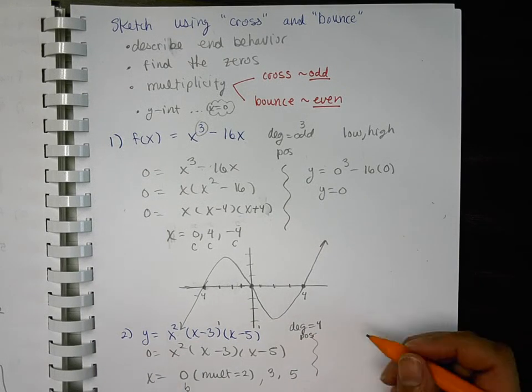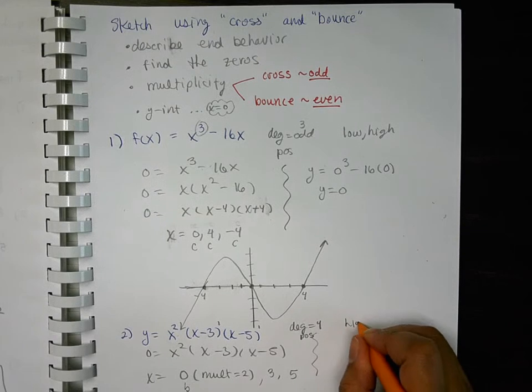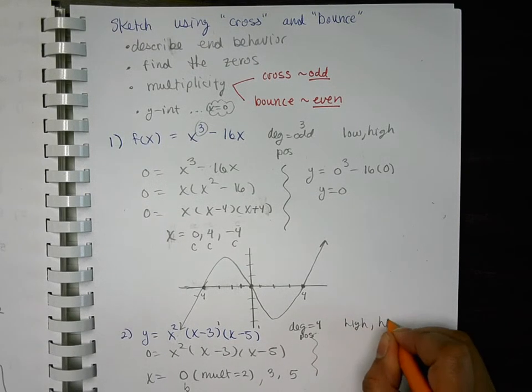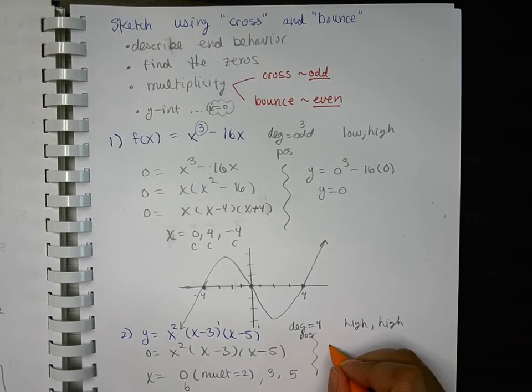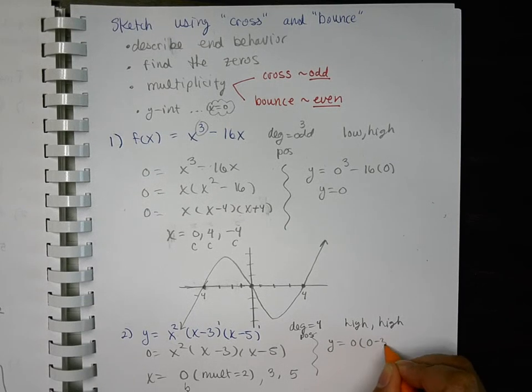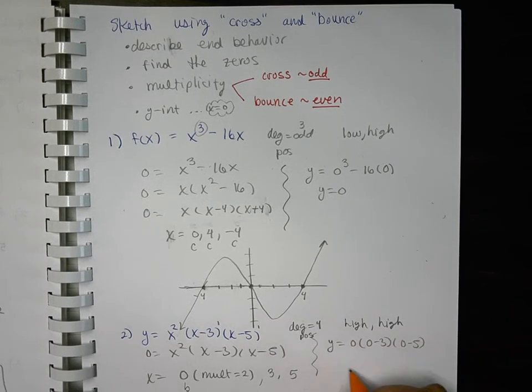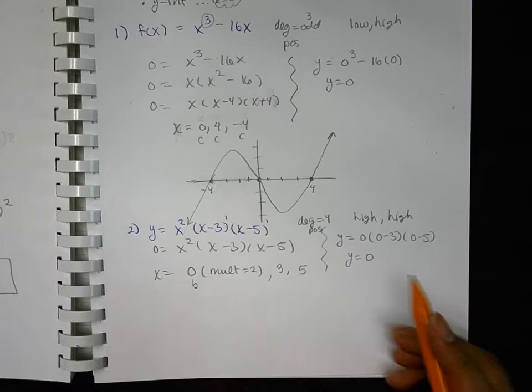High, high? Do we agree? Like an upward facing parabola with some bumps in between. All right, y-intercept. Y equals 0, and then 0 minus 3, and 0 minus 5. What do I end up with? Should we have known that if the x-intercept is 0? Yes. All right, let's go ahead and graph.